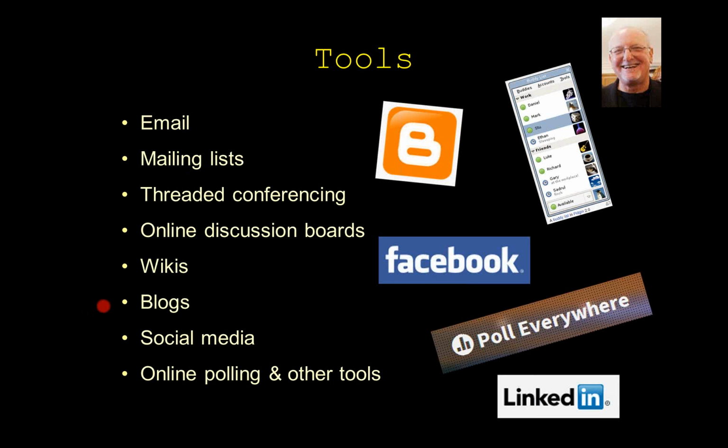There are blogs, and of course all of the social media capabilities, as well as online polling and other tools. Poll Everywhere is an example of an online polling system that you can use, again, within the online learning environment to make it more interactive.